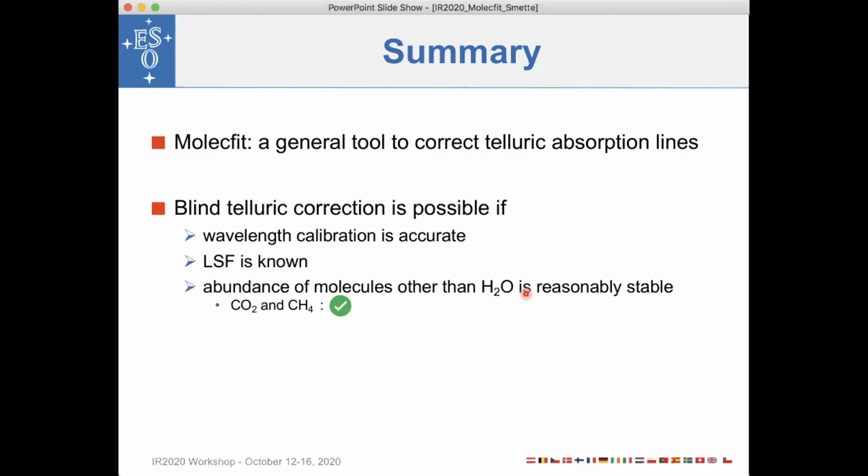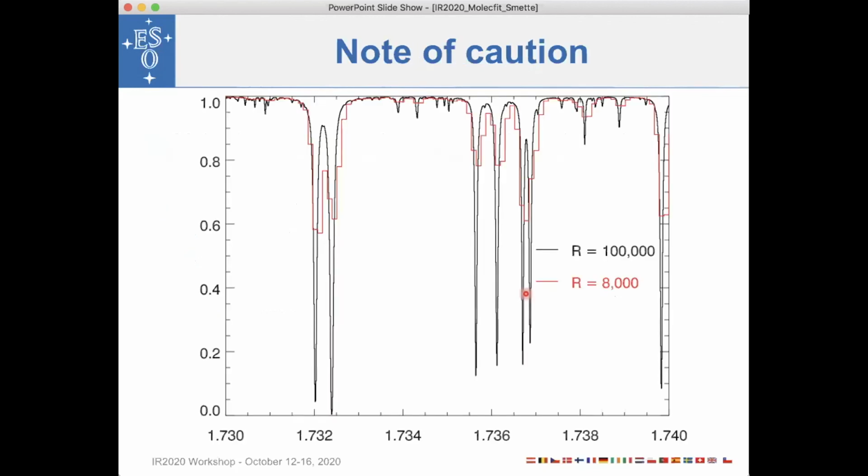Yes. Well, Alain, excellent work, and I'm super grateful. I just want to expand a bit on the word of caution. I hope there are still people around who do filter photometry, because what Alain has shown is important at all spectral resolutions, especially if you do filter photometry.